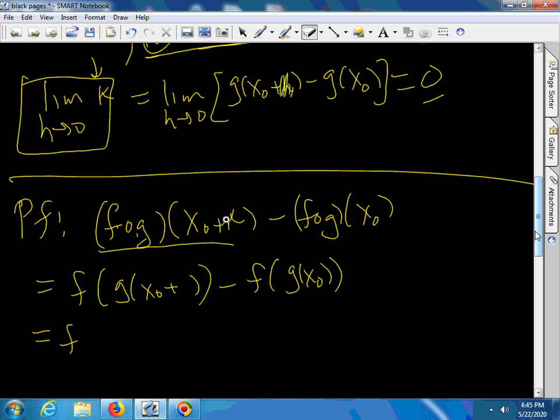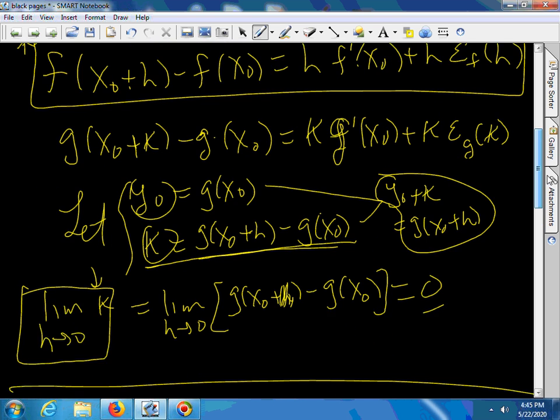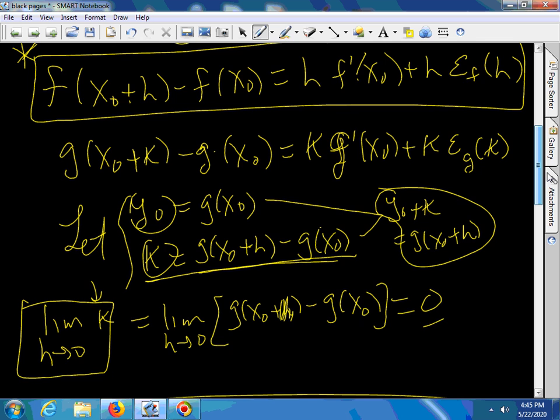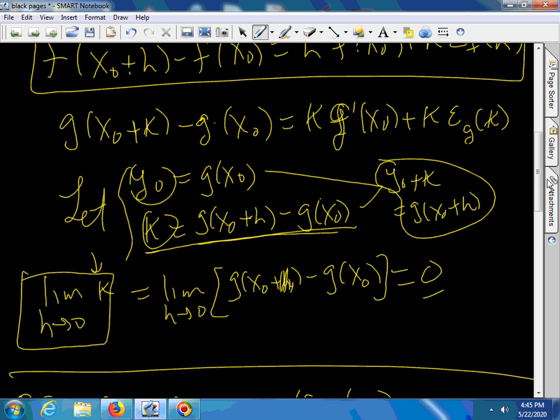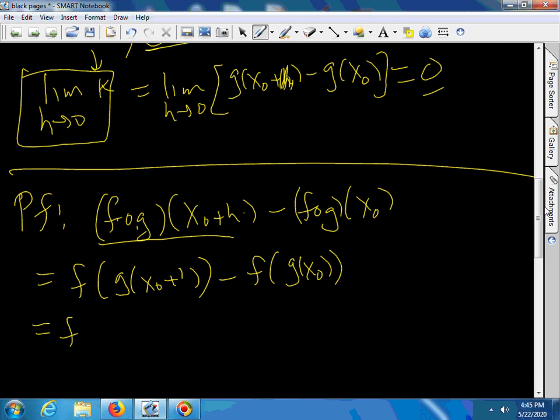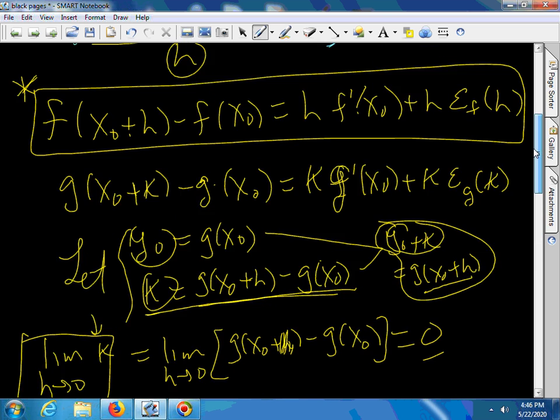Now, g of x0 plus h is y0 plus k. Okay, so this is f of y0 plus k minus f of g of x0. We said that's y0. But now I'm going to use my favorite formula.